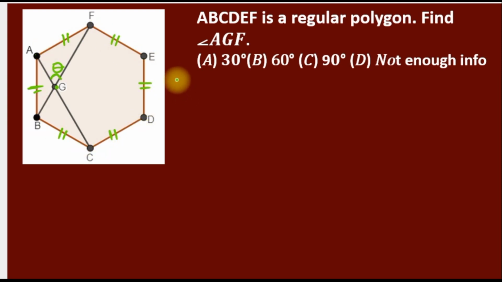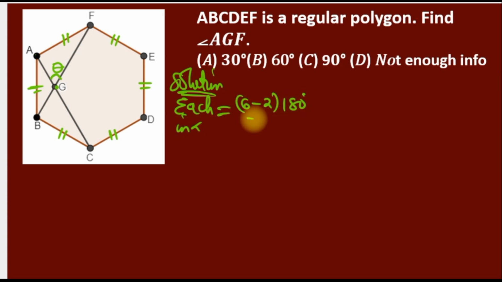So each interior angle is (6 minus 2) times 180 over 6, because n here is 6. We have 6 sides, so this is 4 times that. This should be 120 degrees. That's 4, and that's 120.